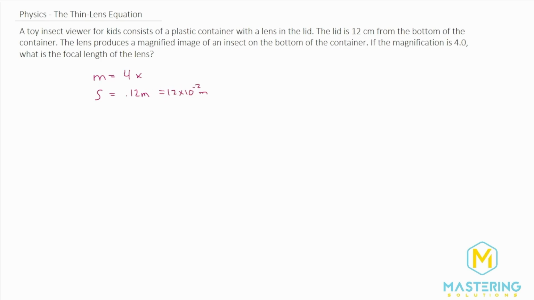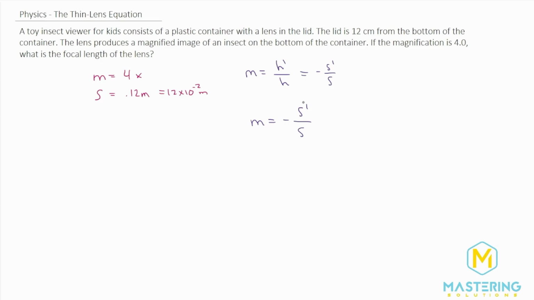Now the two equations that we're going to use are, first, the magnification equation, where magnification is equal to h prime over h, the image height over the object height, which is equal to negative image distance over object distance. We're going to ignore the heights and just use magnification equal to negative s prime over s.